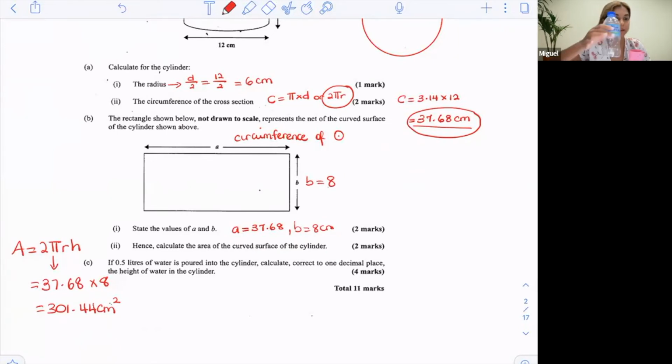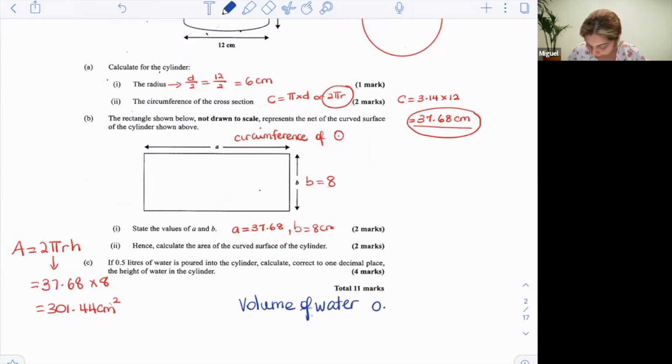So I have my 0.5 liters and I'm going to pour it in this cylinder. Again, they are asking you to find the height. Some information is needed: we need the volume of water that is being poured.